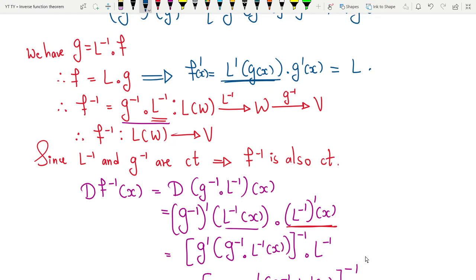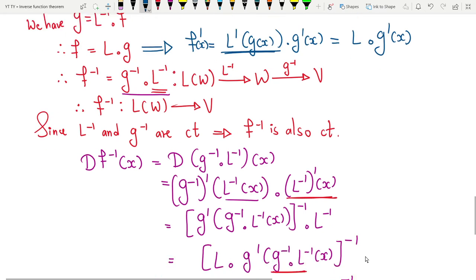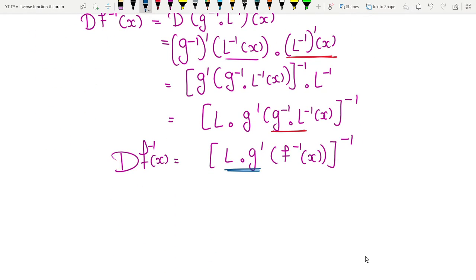So, it is L composite g dash at x, right? So, we found my f dash of x is same as L composite g dash of x. So, L composite g dash of this is actually same as my f dash at f inverse of x. The whole inverse is a matrix. So, f inverse derivative at x would be same as this, and which was nothing but the required.